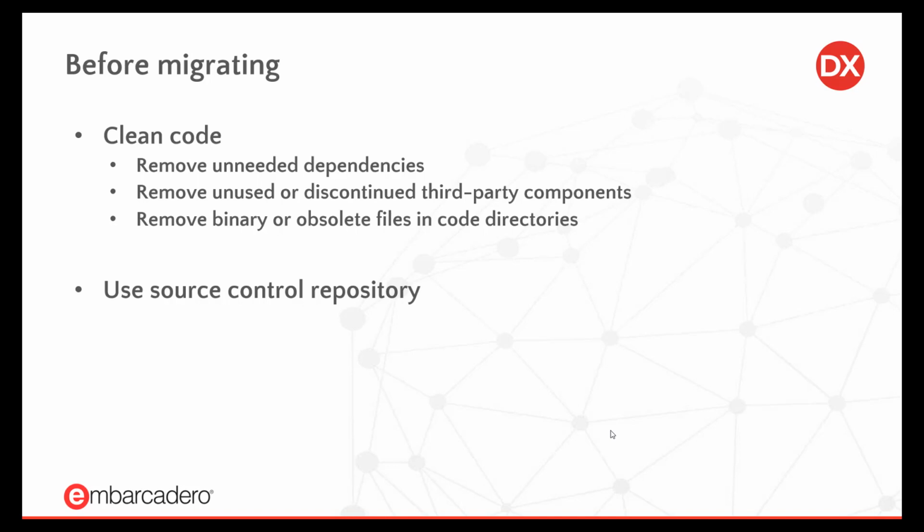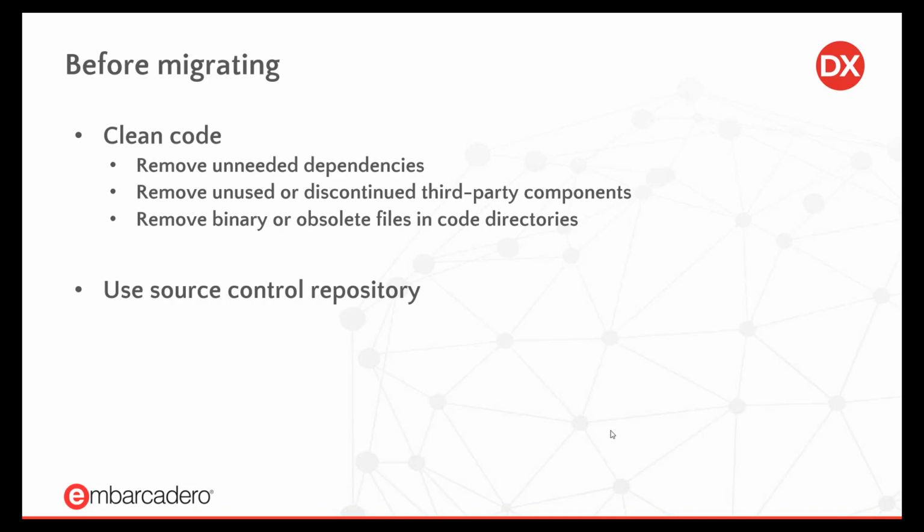There are tools that allow you to do this. In case you find any discontinued third-party components, in this case, you're stuck with having to remove them and replace them with something newer. And this is a personal favorite.